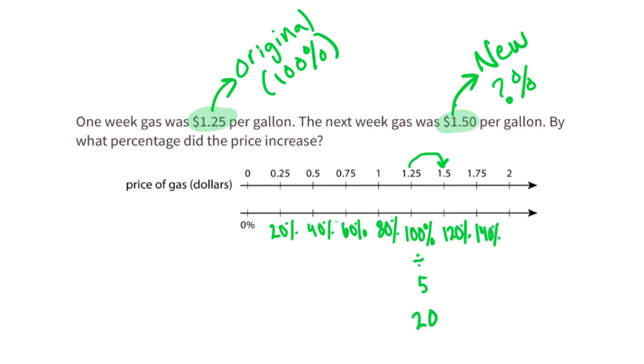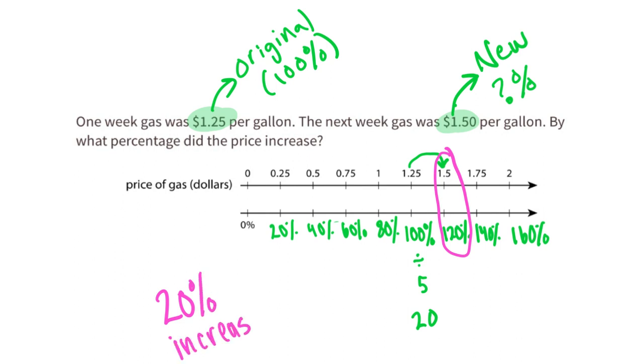I'm just adding 20 every single time. So the amount of increase here, we went from 100 to 120, so that would be a 20% increase. There we go.